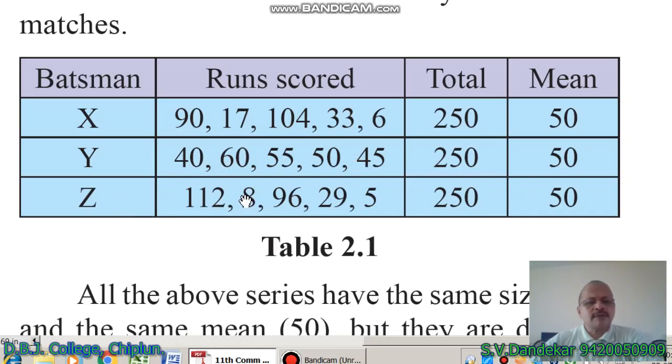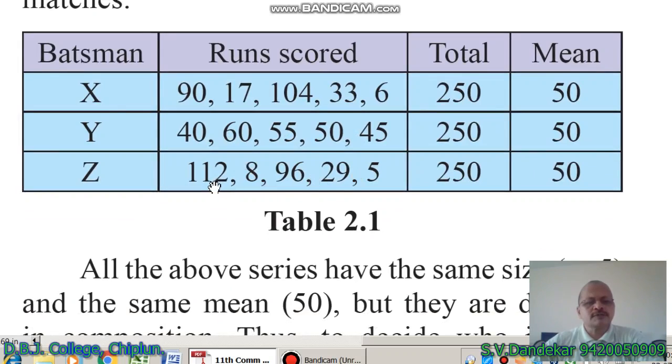And the last batsman, the lowest score is 5, highest score is 112. Once it is in 90s, just like X. Now, since all have average 50, if somebody is not out, then also this average makes a difference.